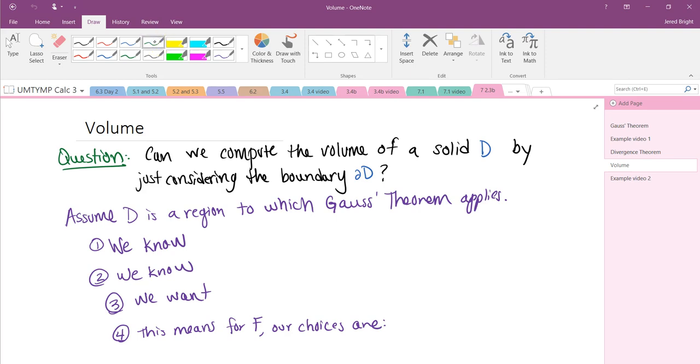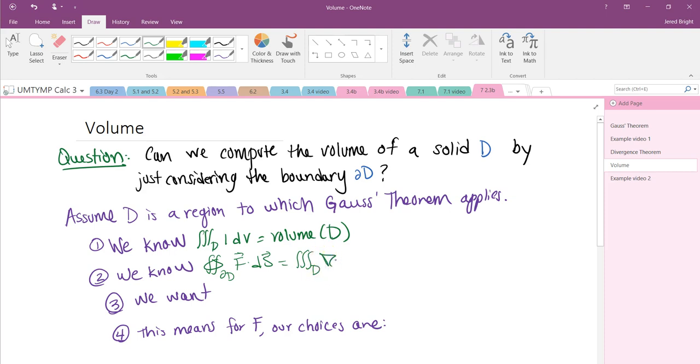If we're thinking about volume, we know that the triple integral over the solid of 1 dV is the volume of region D. And we also know Gauss's theorem: the double integral over the closed boundary of D of F dot dS is equal to the triple integral over D of the divergence.